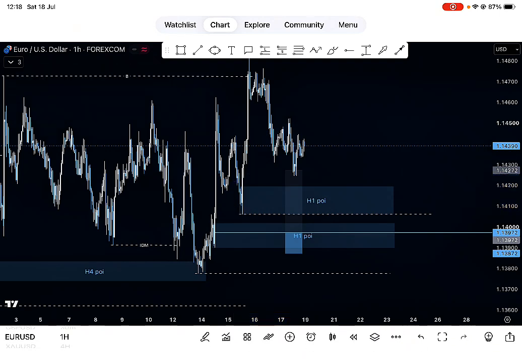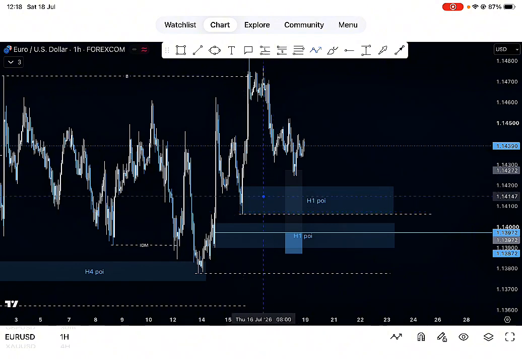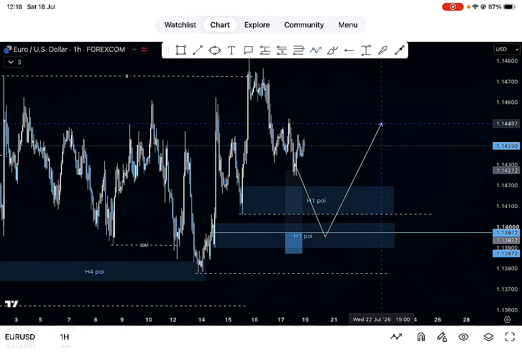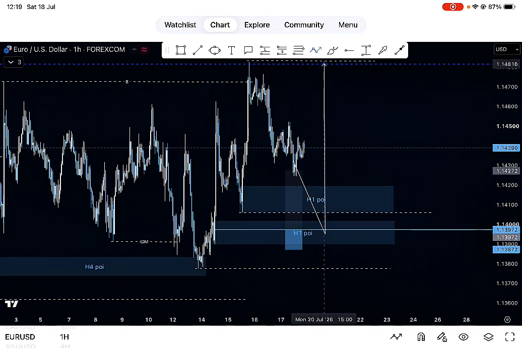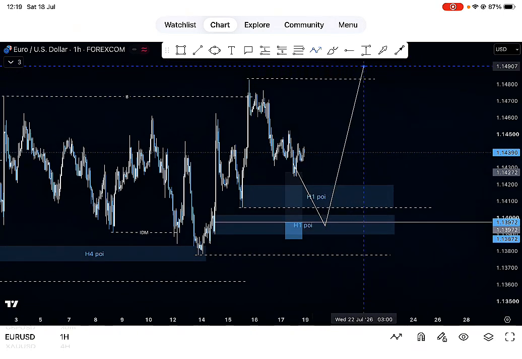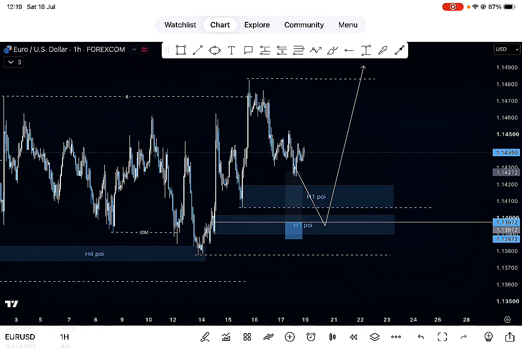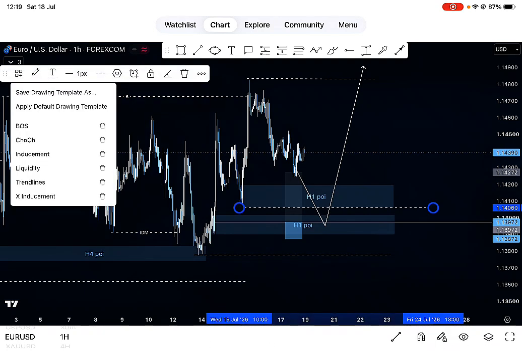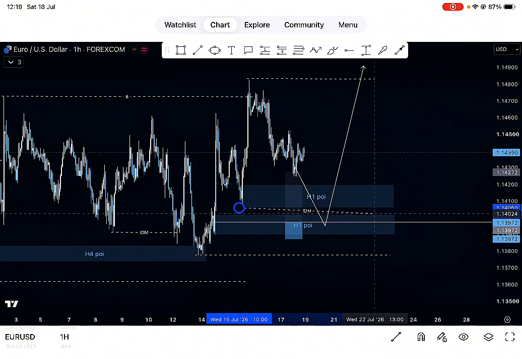I'm expecting price to induce this place and buy from here before we break here. That's my lookout for the market. Mark this thing out as an inducement waiting to occur.